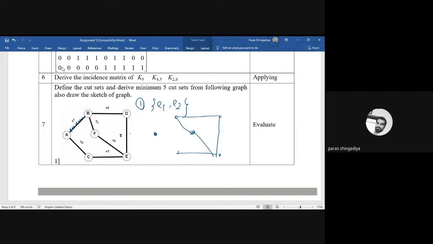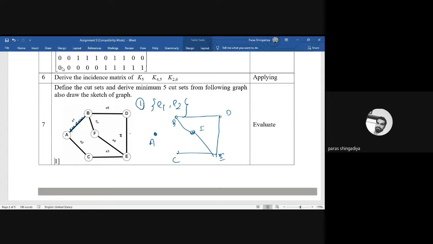This graph you will get, there is C, E, D, F, and B. Clear? That is A. When we delete E1 and E2, the graph is made into two partitions, and this E1 and E2 has no proper subset which makes the graph disconnected again. Okay, that is one example of a cut set of this graph. Now you have to find at least 5 cut sets. Okay, find at least 5 cut sets of this graph.